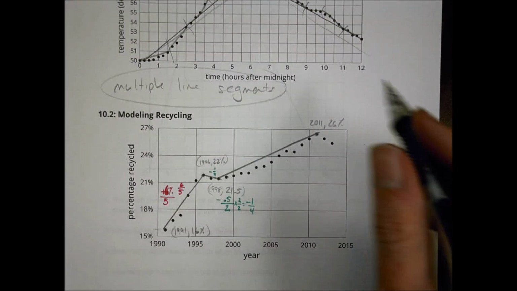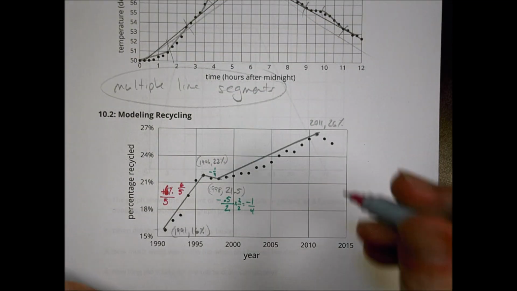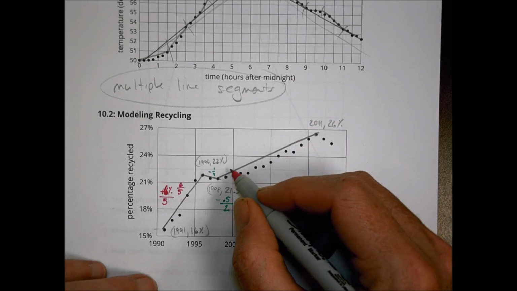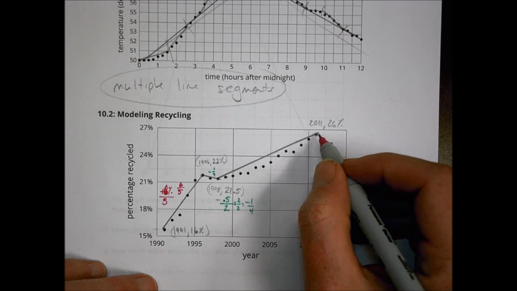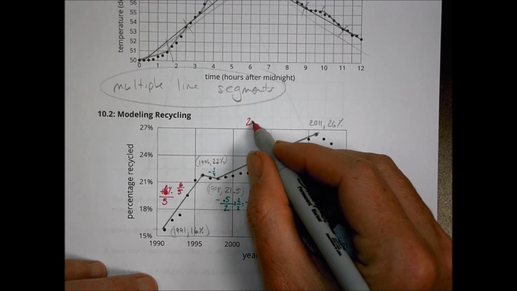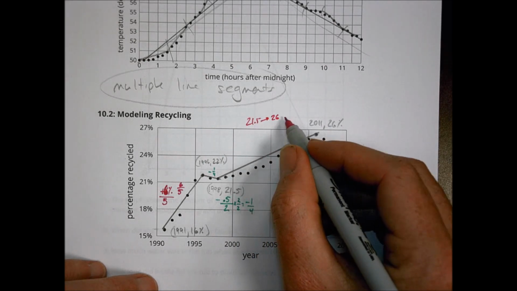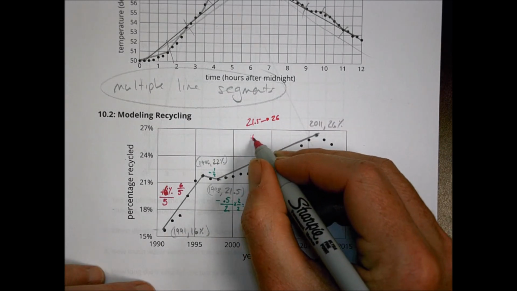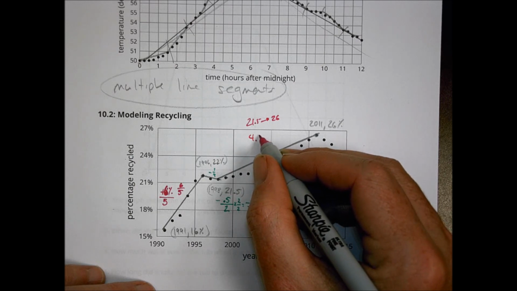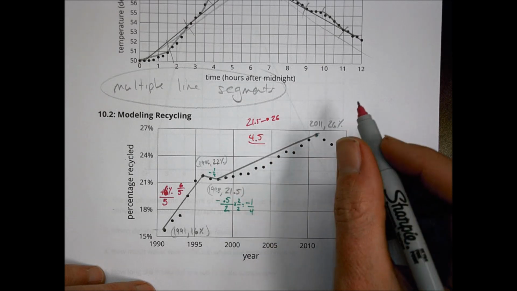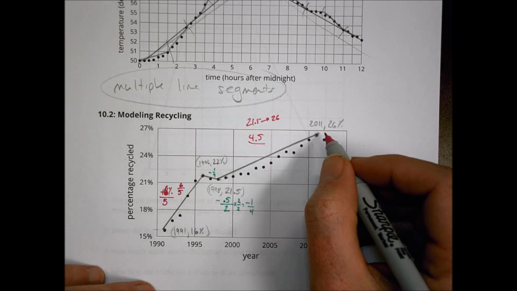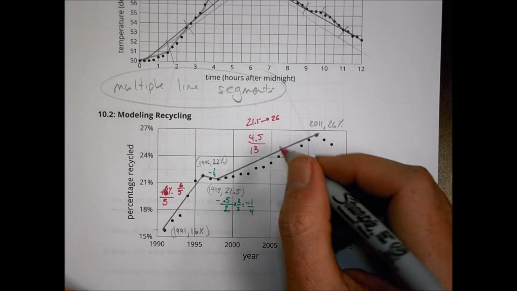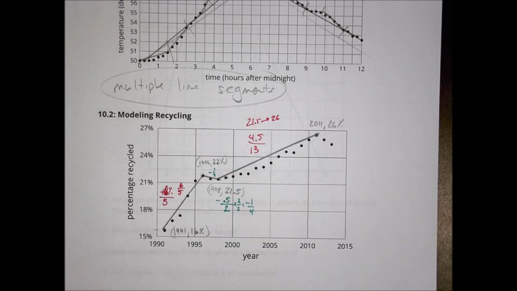In this case, my Y value has gone from 21.5 up to 26%. So that's an increase of 4.5%, done over the course of 1998 to 2011, over the course of 13 years. So that's what my slope would look like for that little segment.